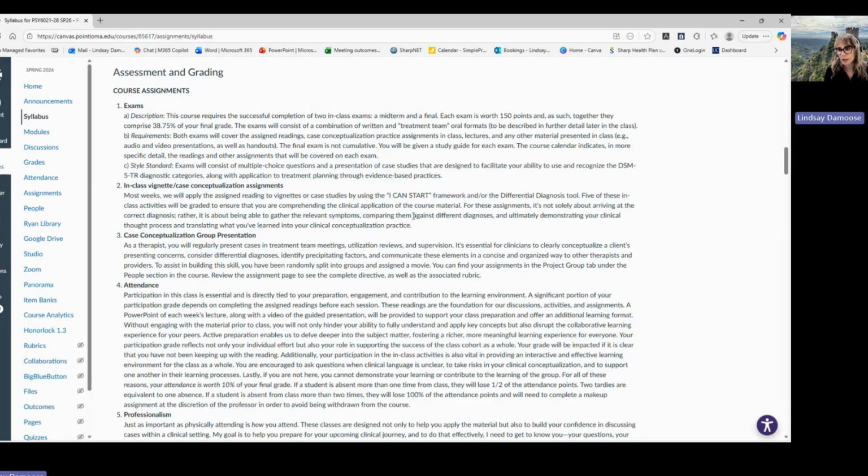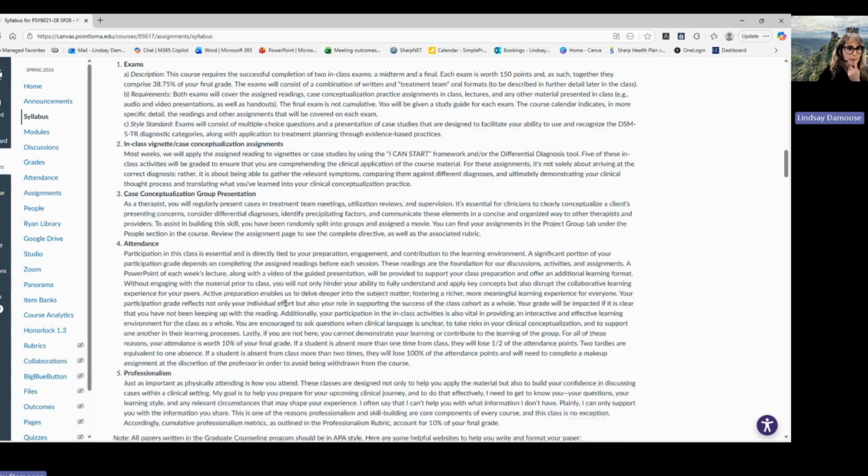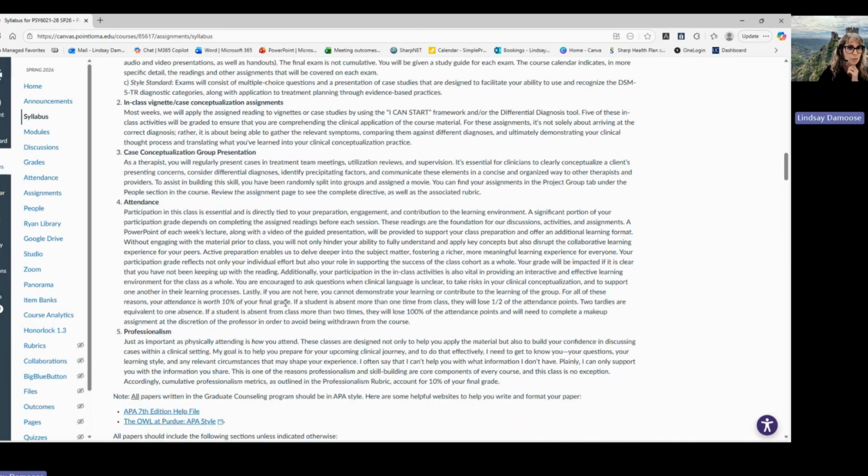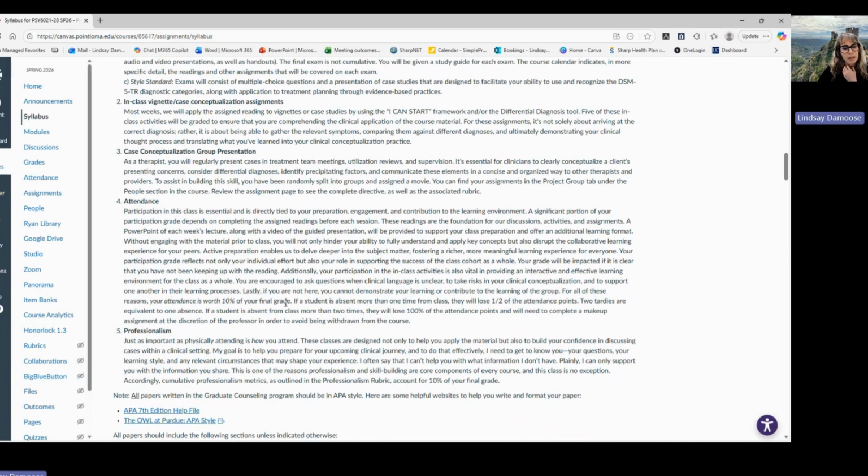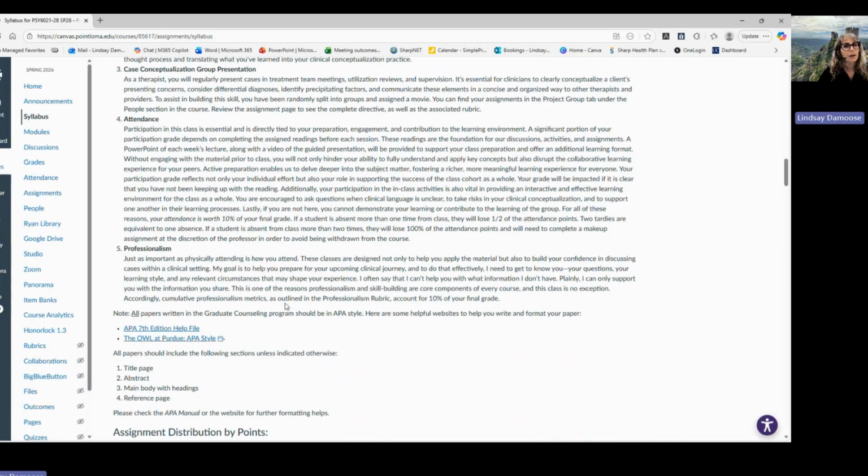I'll go over the case conceptualization assignments in a minute when I get to the calendar. And I'm going to go into your group presentation in a minute too, but just know, again, every professor says this with regard to attendance and professionalism, but it really does suck if you're not here. I understand that life happens, people get sick, we have things that are already planned out.